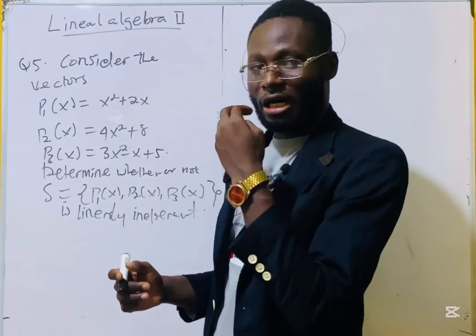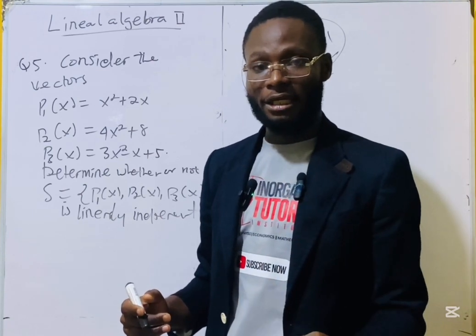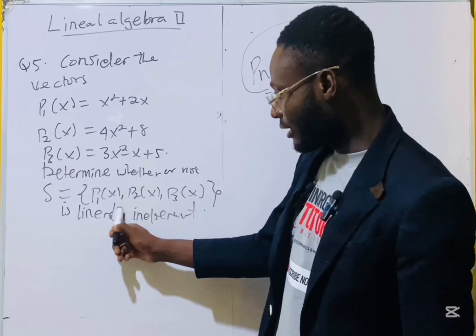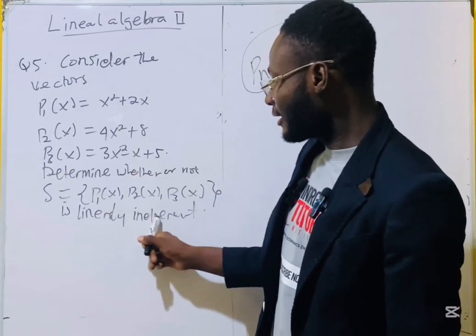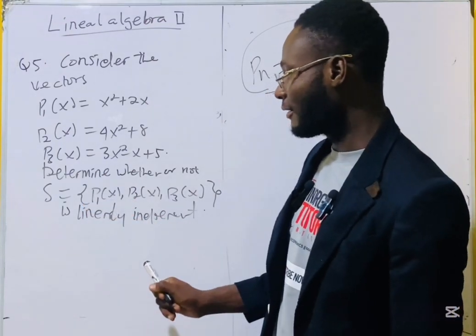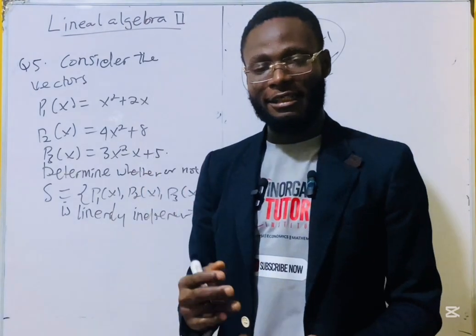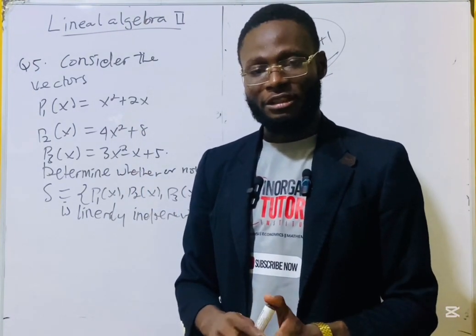It's going to form a square matrix, so we just find the determinant. If the determinant is not equal to 0, then you can say that it's indeed linearly independent. So go through that process, and if you get it, just drop your answer in the comment section.